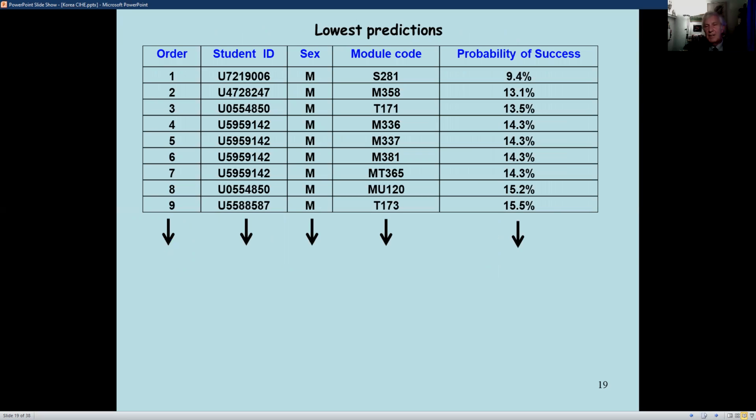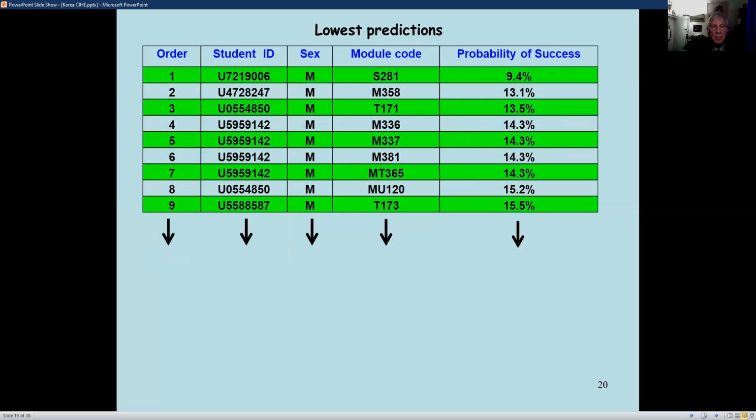Well, how to use this data? What we did was we divided the students up alternately into two groups, so that we had two groups of students with similar predicted probability of success, the green group and the blank group.